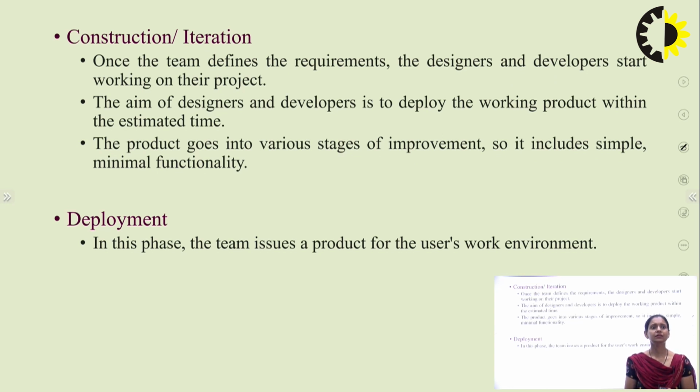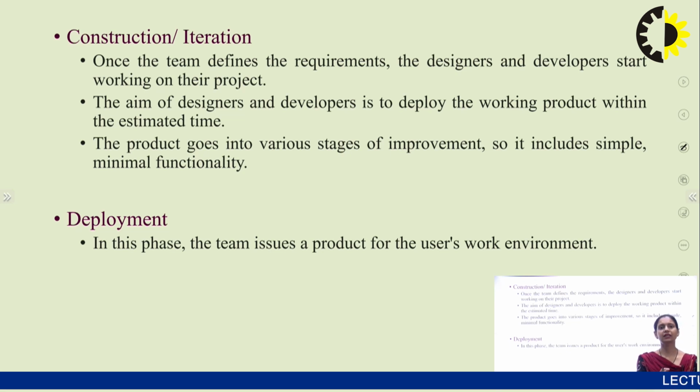Then comes the construction. Once the team defines the requirements, the designers and developers start working on the project. In the designing phase, we have seen that the diagrammatic designing is done. Here the developers start coding the software, and then it is deployed.